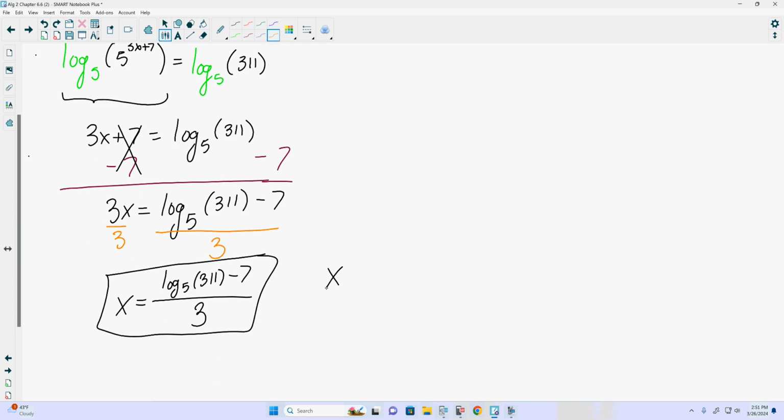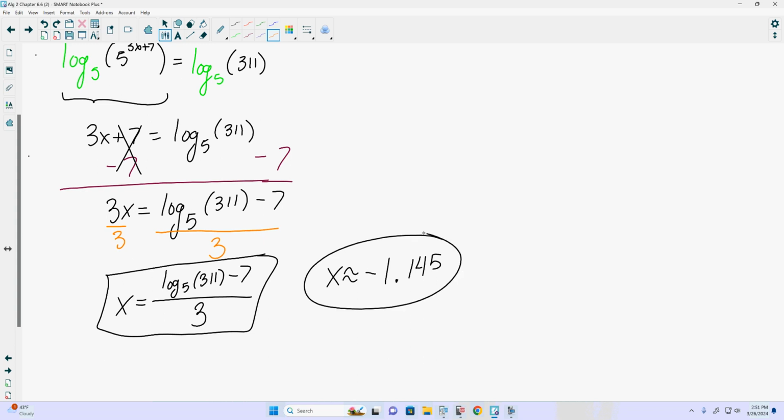So that is our answer. We can plug it in and get approximately, I think y'all got negative 1 or 1.145, if we type it in.